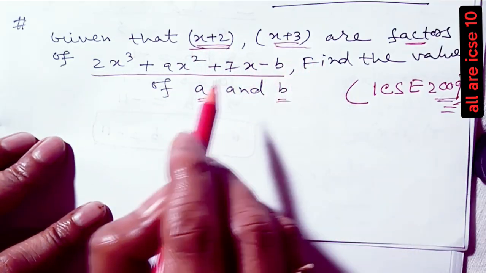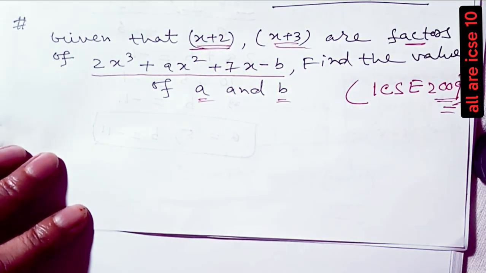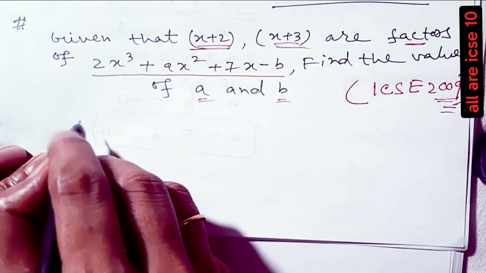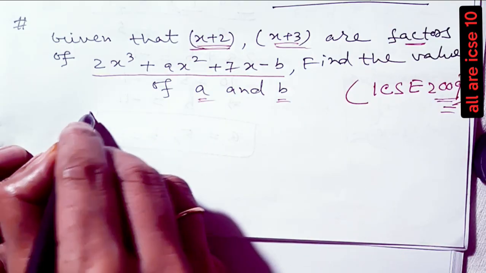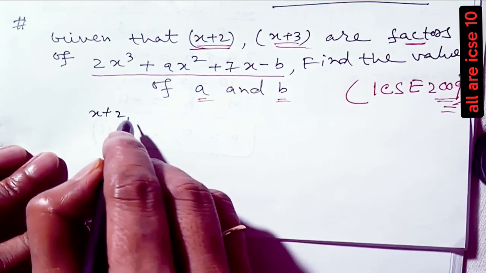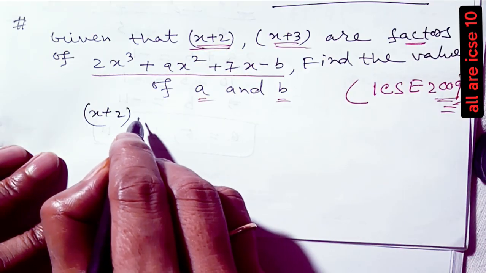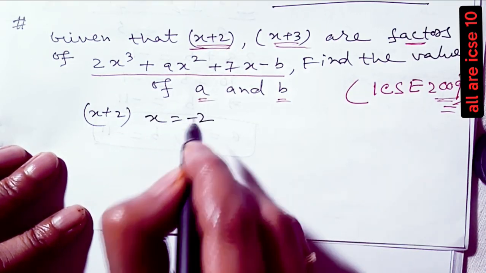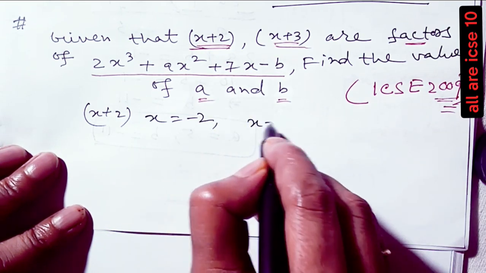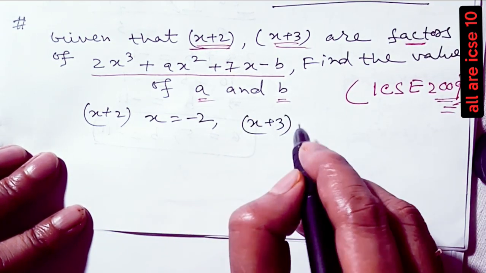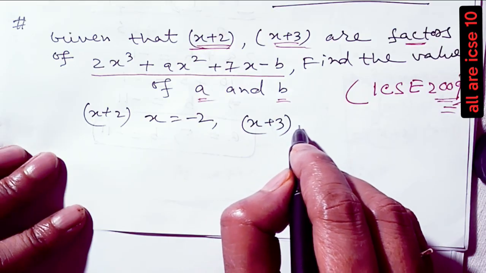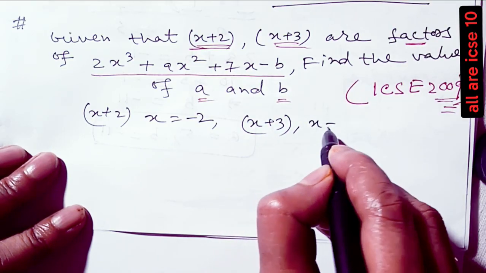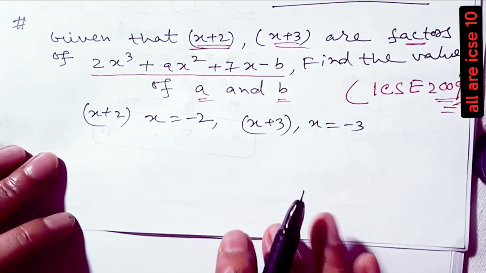So using factor theorem we solve it. Using factor theorem, x plus 2 is a factor of fx. Then we put x equal to minus 2 in fx, and x plus 3 is a factor of fx. So here we put x equal to minus 3 in fx.